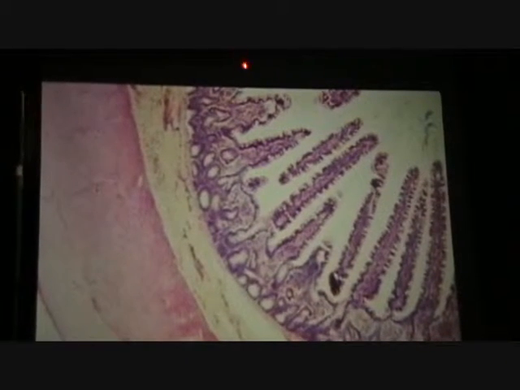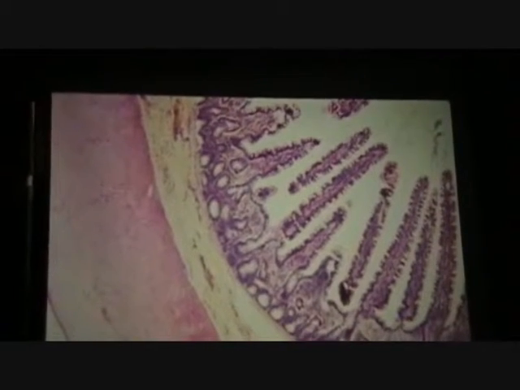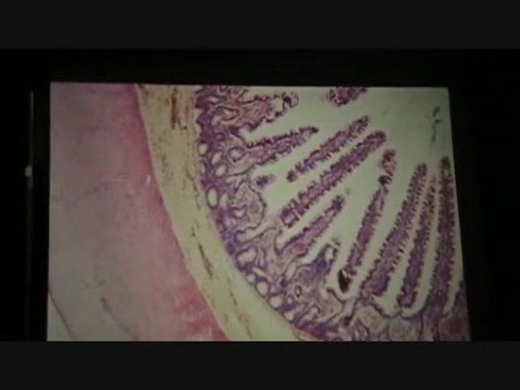Fingers? Sure, they're villi. So where is this from? Well, the real acceptable answer is small intestine. Because I don't show you anything else to be any closer than small intestine.